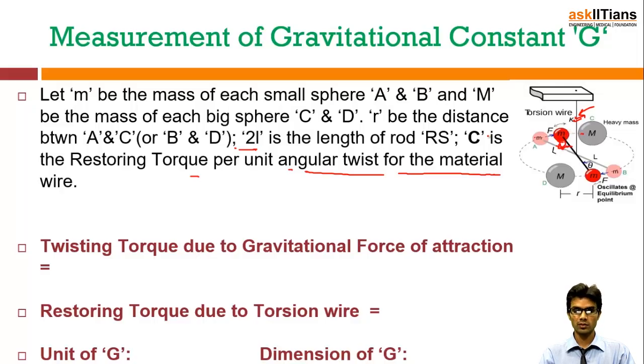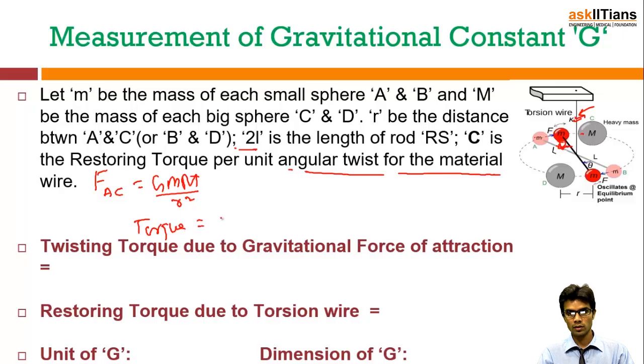Now we know that the force of attraction between A and C is equal to G m1 m2 by r square, and we know that torque is equal to force into distance.